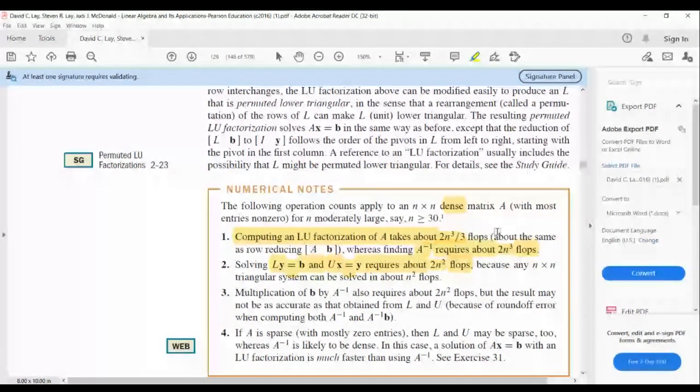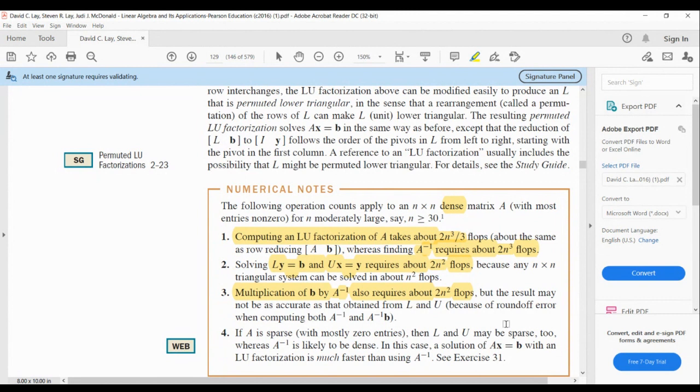Using the inverse approach, x equals A inverse times B. I want to be careful here. In step 3, they talk about multiplication of B by A inverse taking about 2n squared flops.